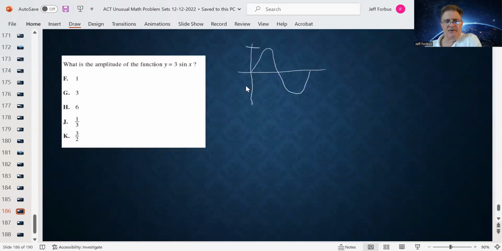But the parent is always +1 in amplitude and -1 in amplitude. Now notice our equation says y is equal to 3 times the sine of x. So this 3 is going to make our amplitude stretch to 3. And so our answer choice is going to be G.